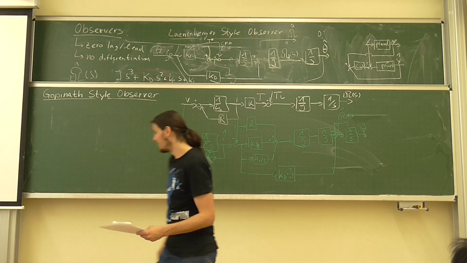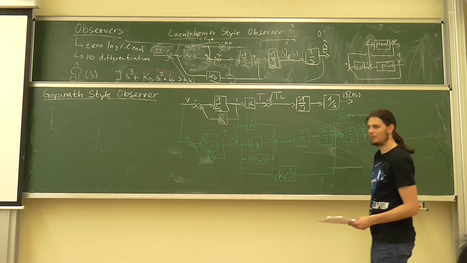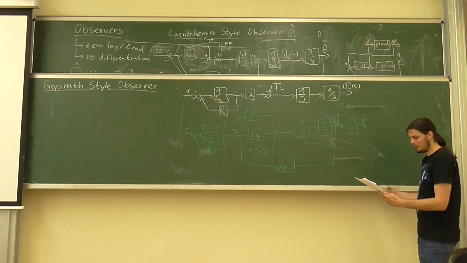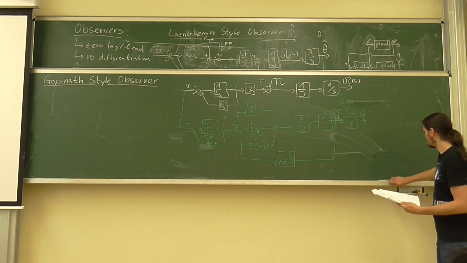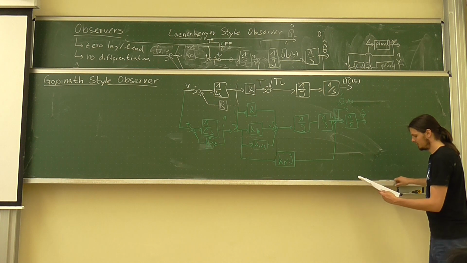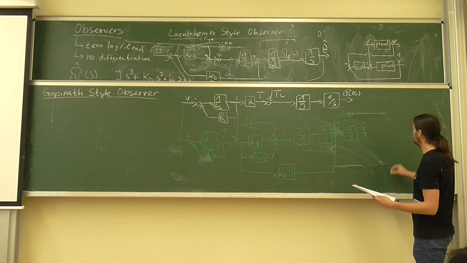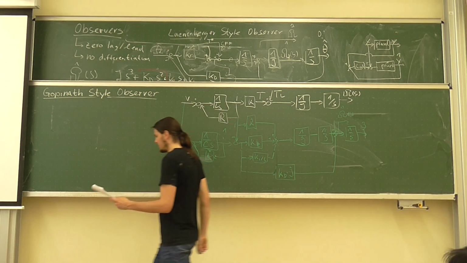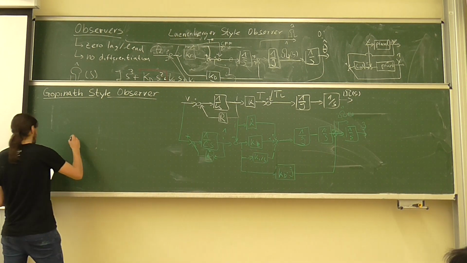And this little contraption that looks way harder than the Luenberger style observer really will have interesting properties. It won't look as good as the Luenberger observer, but it provides still zero lag lead, but it has some magnitude issues.